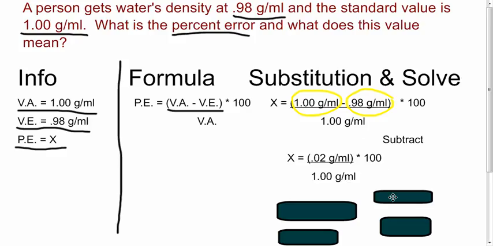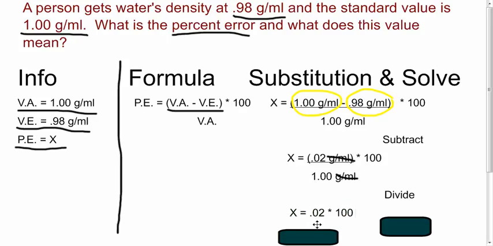The next thing I'm going to do is divide. Now, these units are identical, so these units will cancel. And I'm going to be left with just the quotient. And the quotient is 0.02, and the next thing is to multiply that by 100. So I'd multiply, and I get x is equal to 2%.